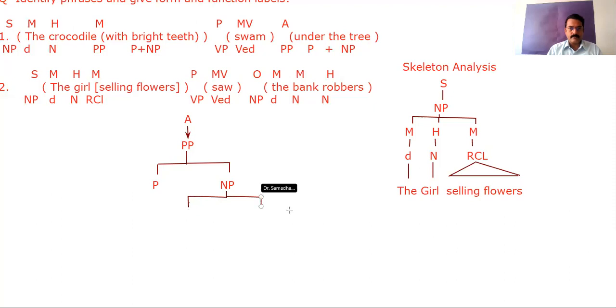Here also we have to give the labels: modifier and head. So modifier is determiner and head is noun, right?